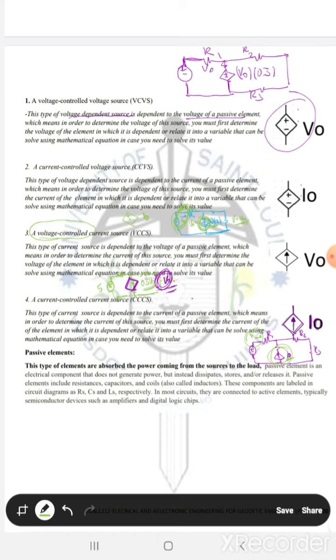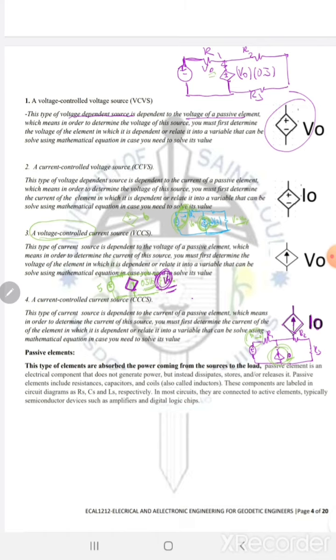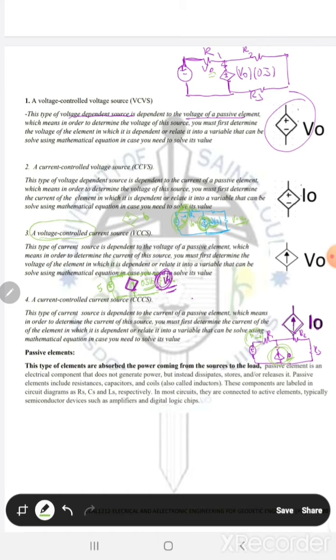Next is your dependent active source. Your dependent active sources are the ones who need other elements. They are the controllable sources. They can be controlled by varying the voltage or the current.